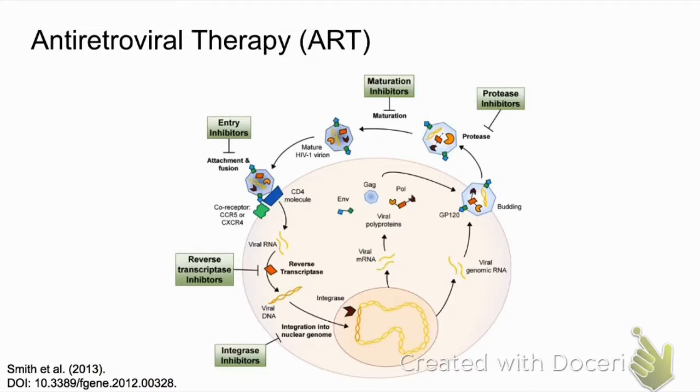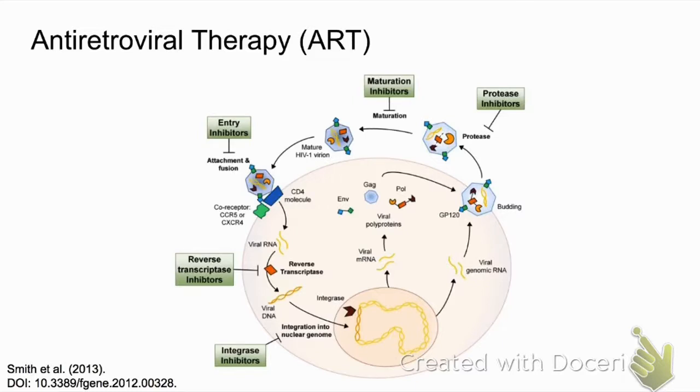The earliest of antiretroviral drugs were reverse transcriptase inhibitors, which blocked the function of the viral reverse transcriptase enzyme. Other inhibitors may block integrase, the maturation of the virus, or the viral protease.